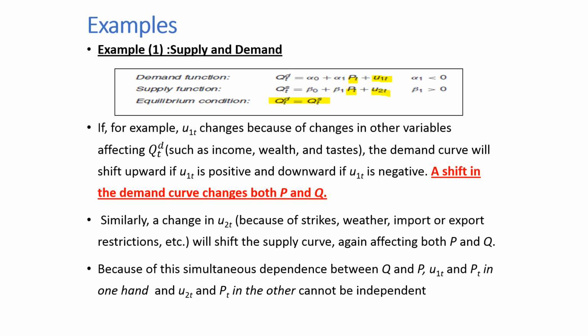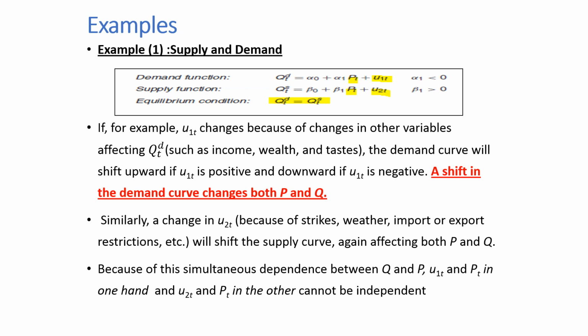So if the quantity demanded is affected due to error or any other factor except the price, then due to this equilibrium condition, the price and the quantity supplied will change as well.